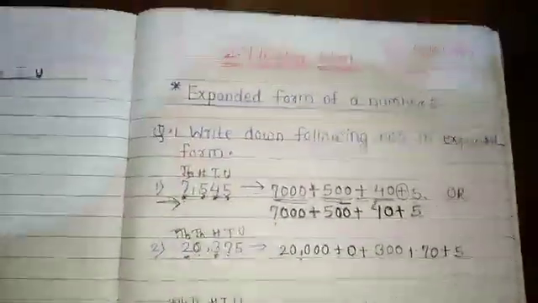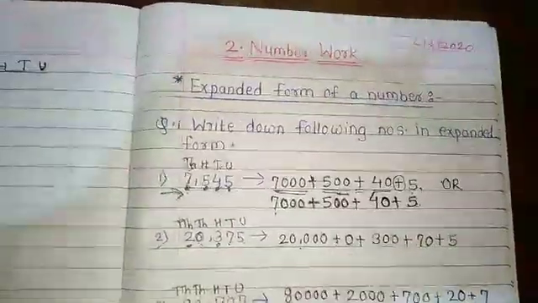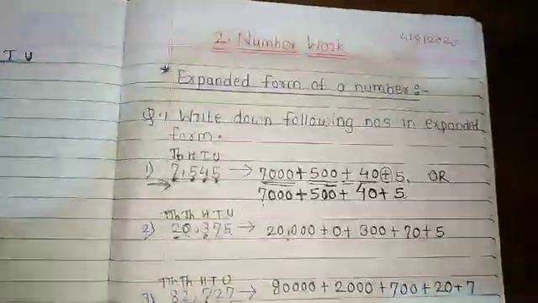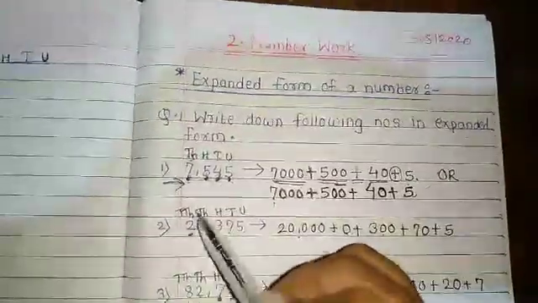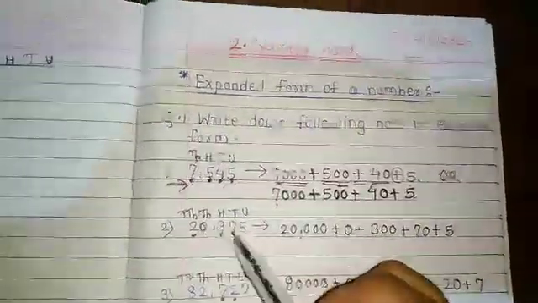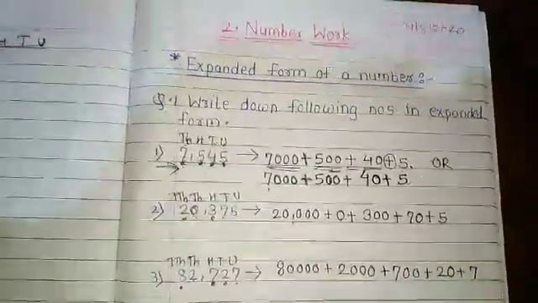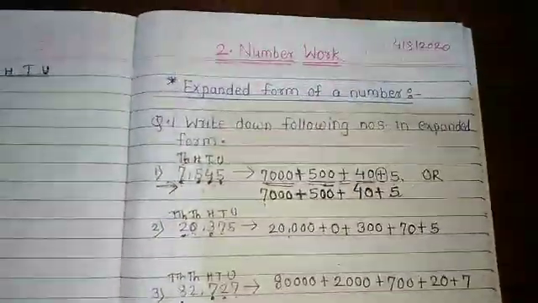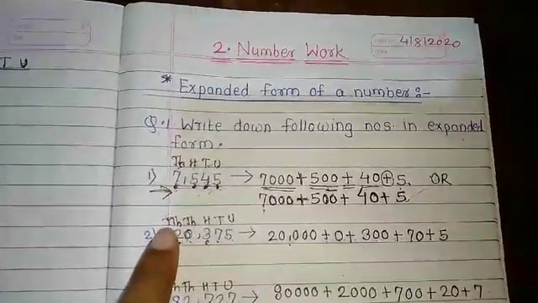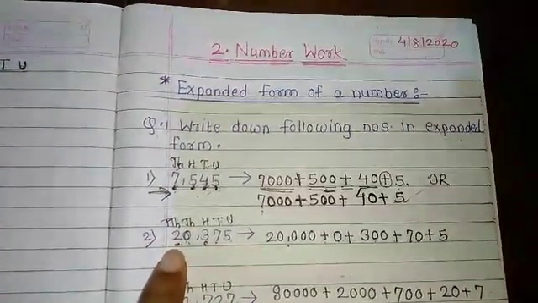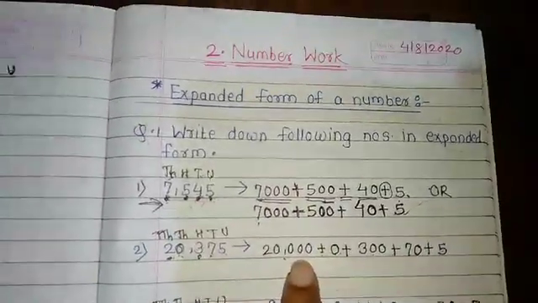Look at this second example, which is a 5-digit number, which means the 10,000 place is added. So how do we read this number? 20,375. When we write the expanded form of this number, the 2, which is at the 10,000 place, represents 20,000. So we are writing 20,000.